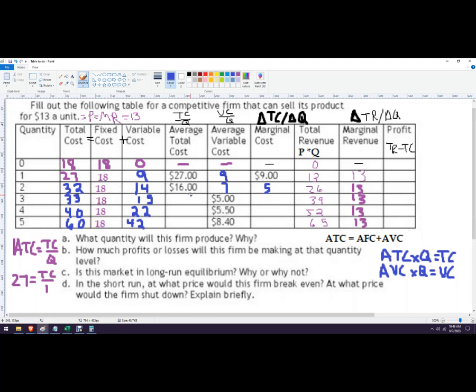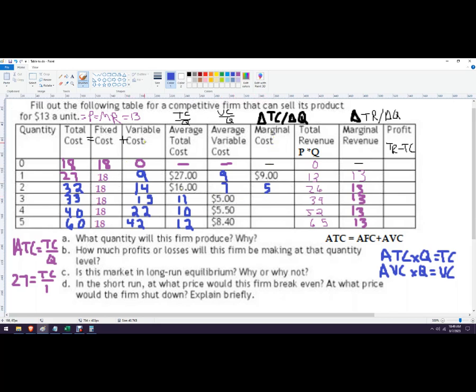And now average total cost: 33 divided by 3 is 11. 40 divided by 4 is 10. And 60 divided by 5 is 12. If you don't have those in your head, you can just plug them into a calculator or a spreadsheet, no problem.